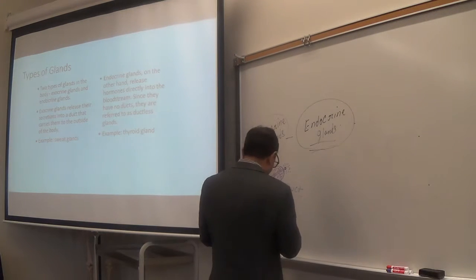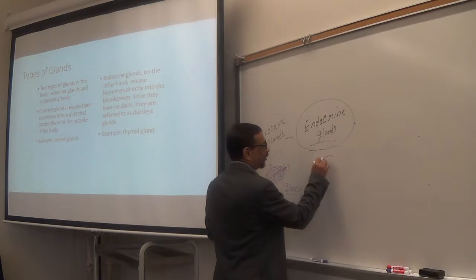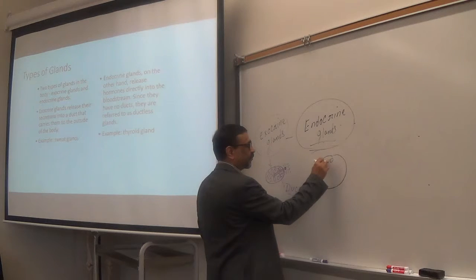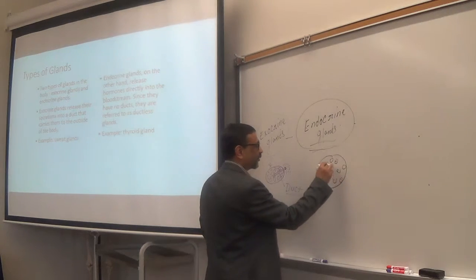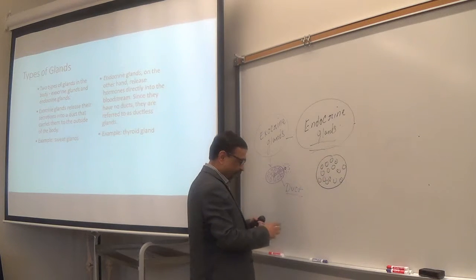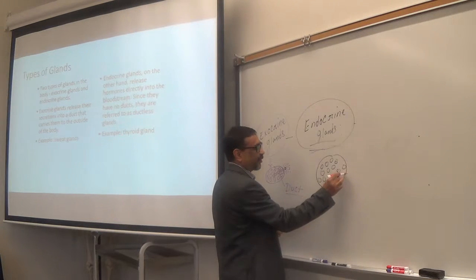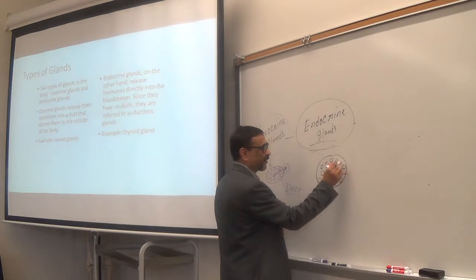Now if you see an endocrine gland, there is no duct. These are the cells of the endocrine gland, and these cells secrete the hormone. These are the blood vessels inside the gland, okay?